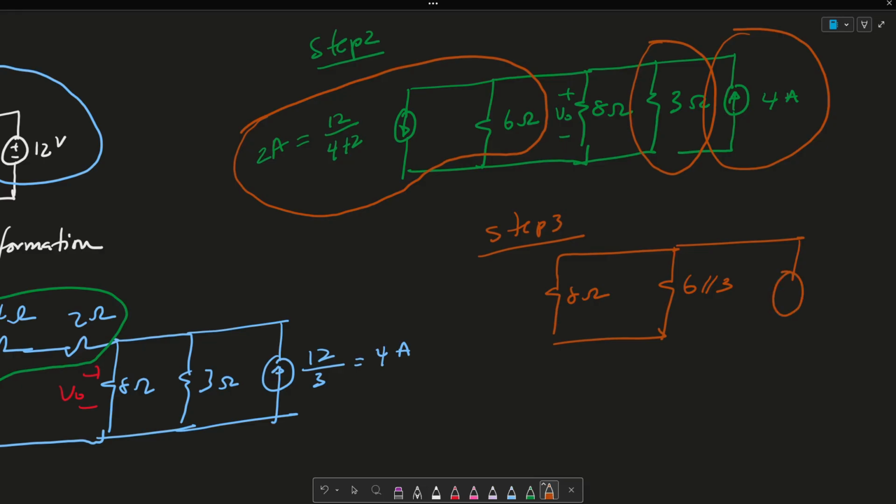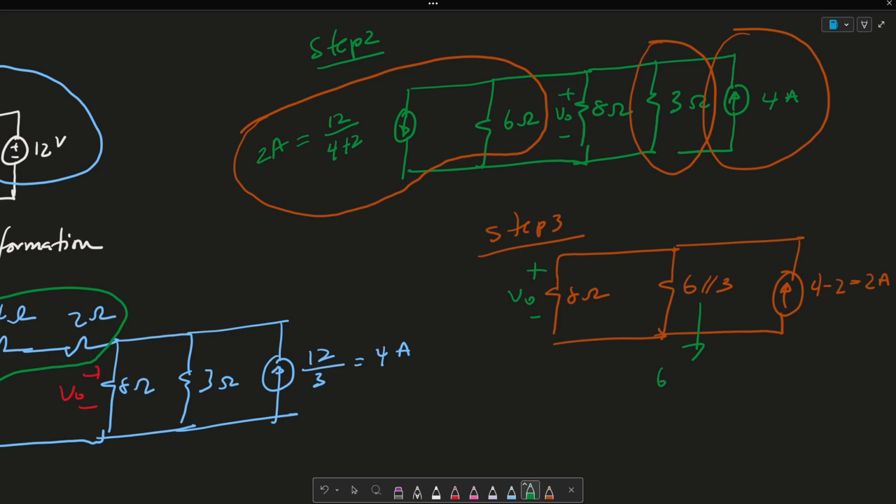And then remember how I said current sources in parallel can be combined. So it's going to actually go up because 4 is greater than 2. So this is going to be 4 minus 2 since they oppose each other, which is going to be 2 amps. And this is going to be plus minus VO.